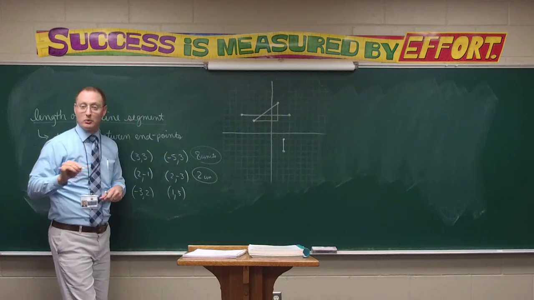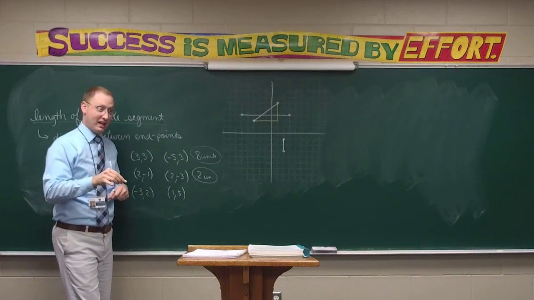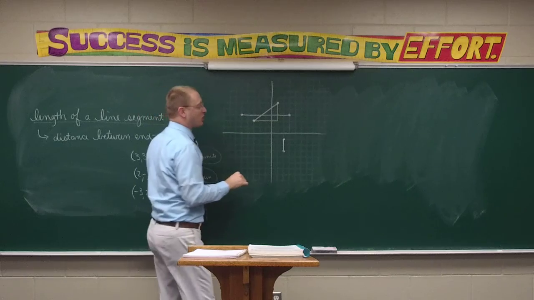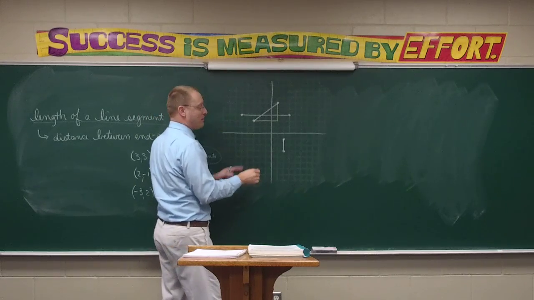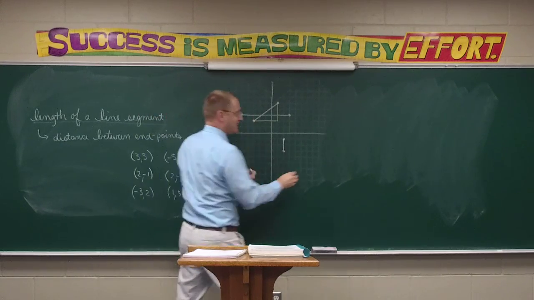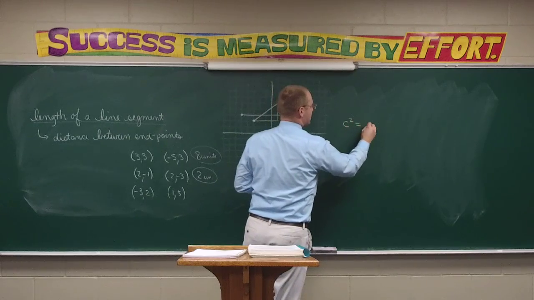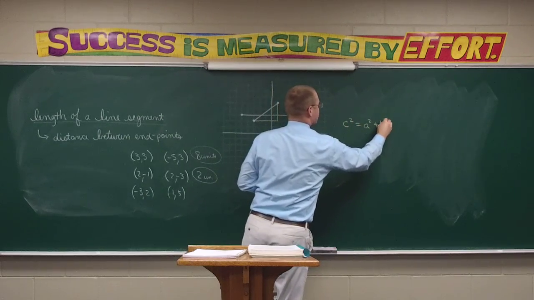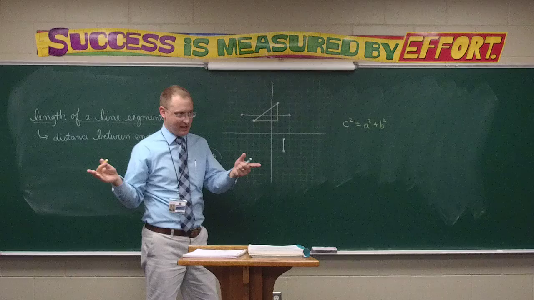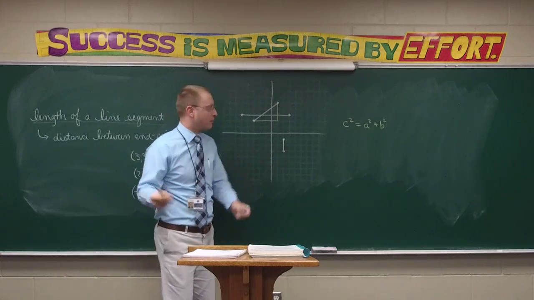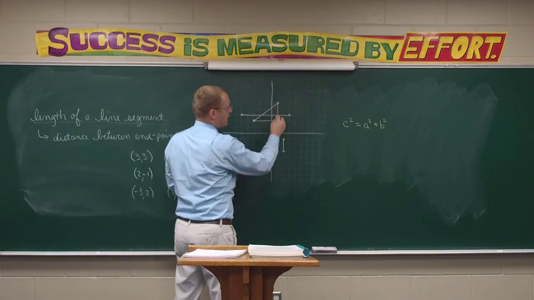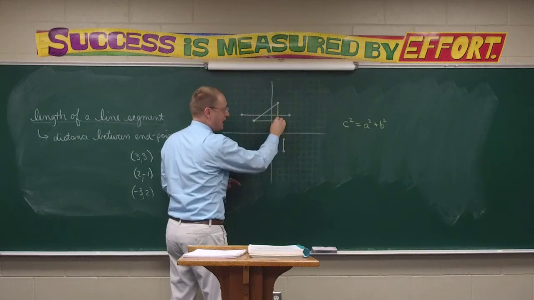A little right triangle, correct? And in a right triangle, you might remember from your junior high days this formula, c squared equals a squared plus b squared. Do you remember that? Pythagorean Theorem, right?